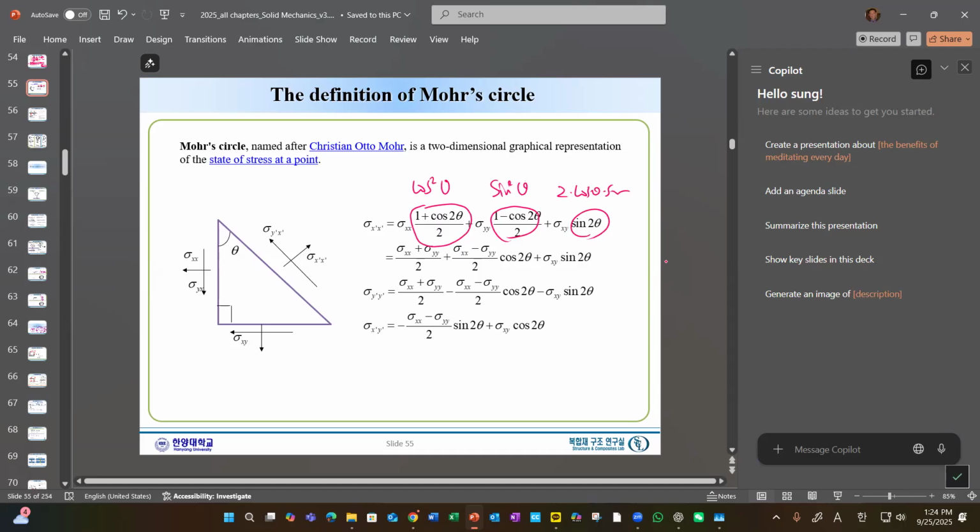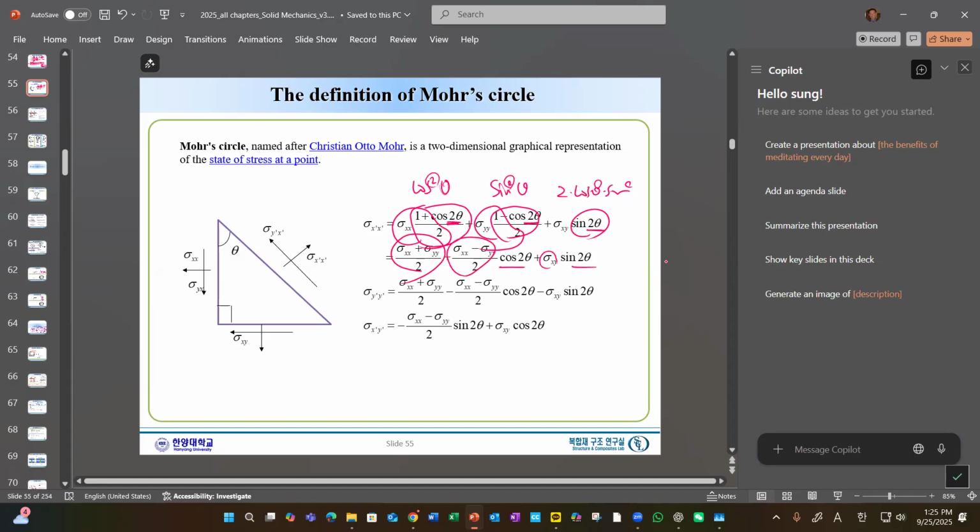Rather than square, this is a twice multiplication, so same order as a square. Now instead of a theta, we replace 2 times of a theta, right? 2 times of a theta, and then this guy and this guy, we got this term, and the other term we got this term, and cosine theta, and like that.